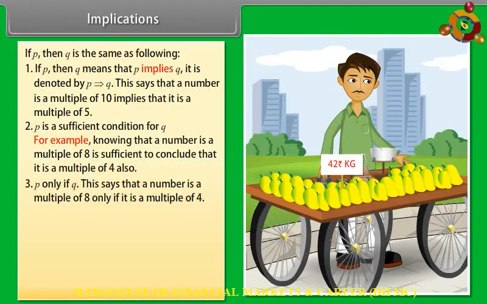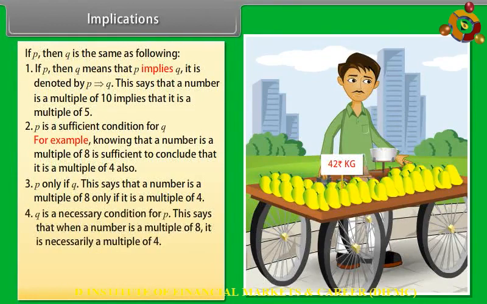"P only if Q". This says that a number is a multiple of 8 only if it is a multiple of 4. Q is a necessary condition for P. This says that when a number is a multiple of 8, it is necessarily a multiple of 4.